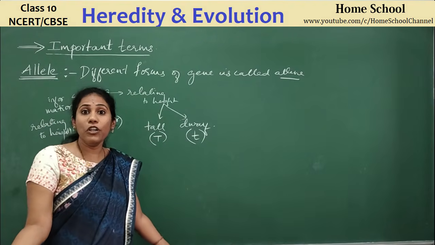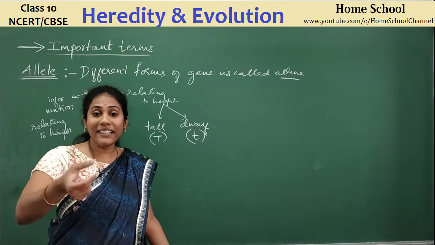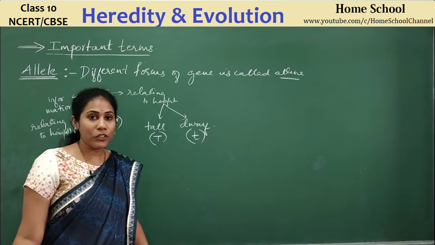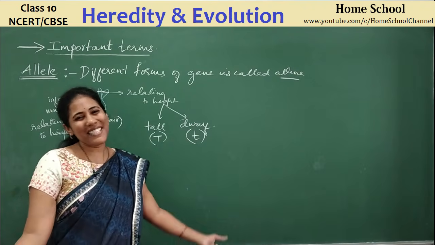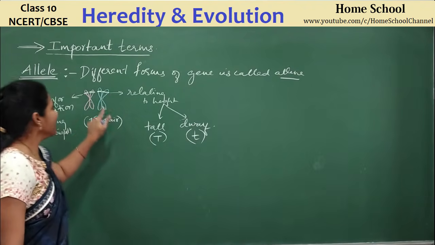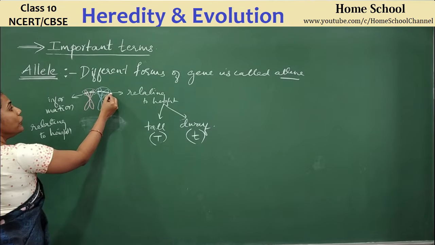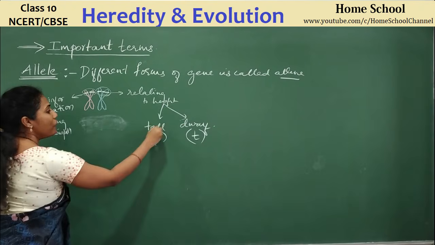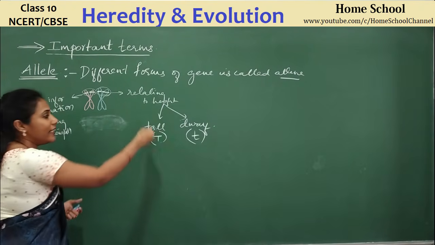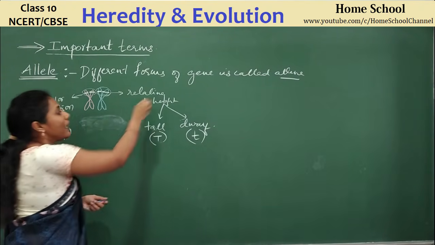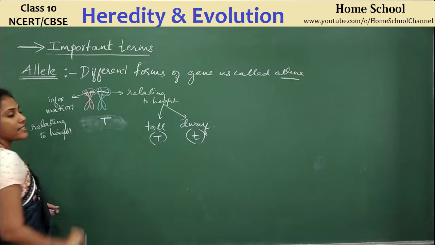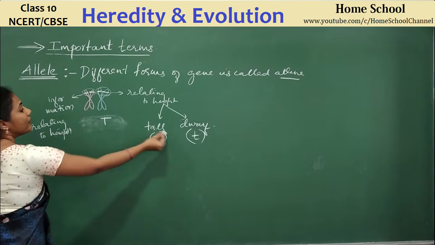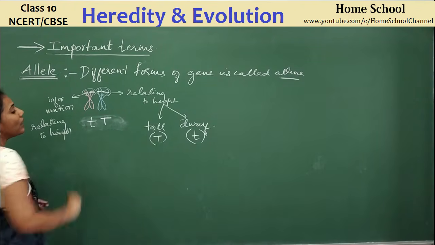In the previous video, among the 7 characters, in the character called height, tall is dominant, I told. And the dwarf character is recessive. So imagine in this chromosome, this particular information is relating to height only, but what trait of height, what different form of height, it is representing tallness. Imagine here it is representing dwarfness.